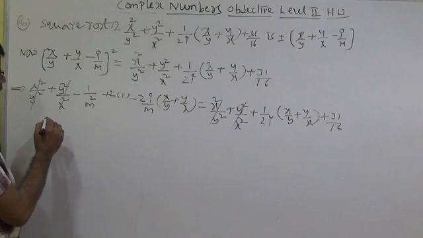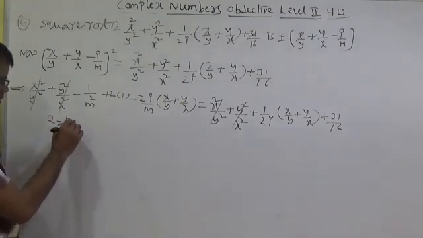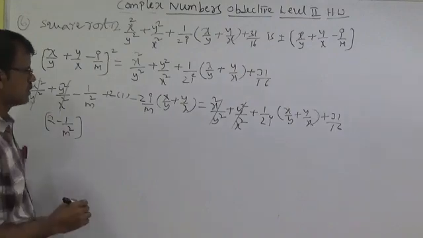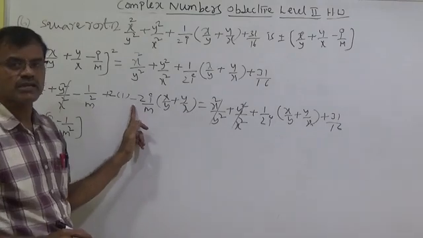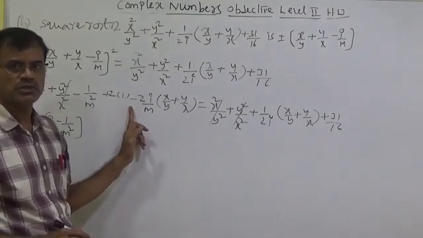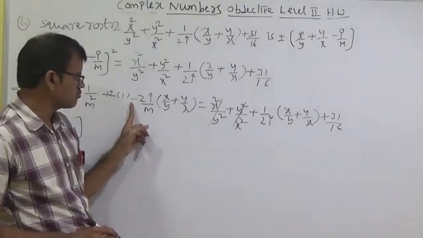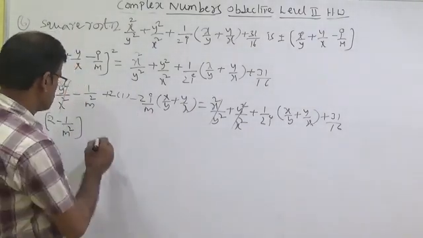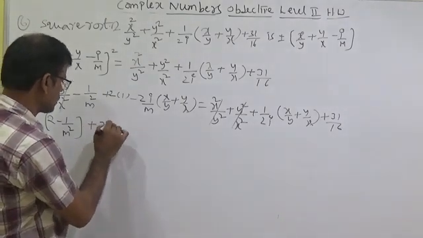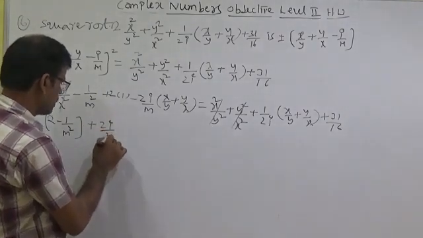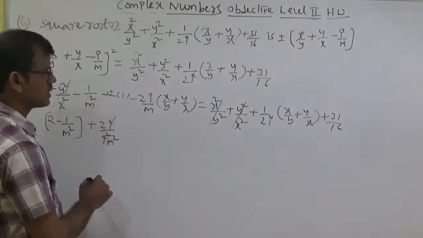Now you can compare like this: 2 minus 1 by m square, right? This is the real part. Minus 1 can be understood as i square. So 2 i square, better to try to understand like this, students. So plus 2i by i square m square. Now this i will be getting cancelled like this.